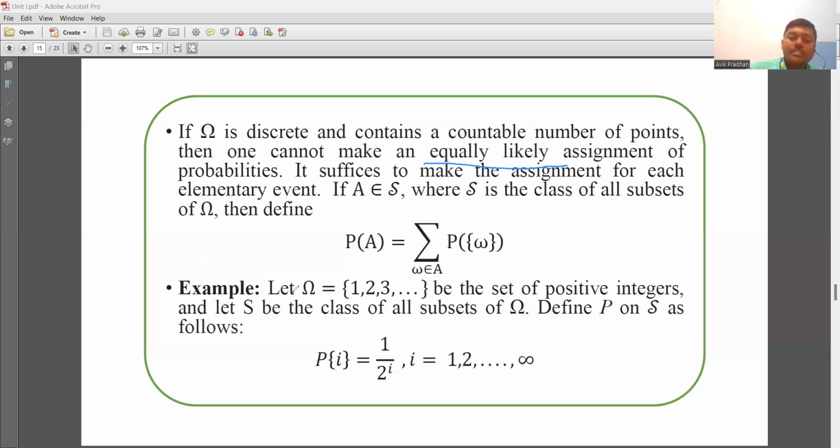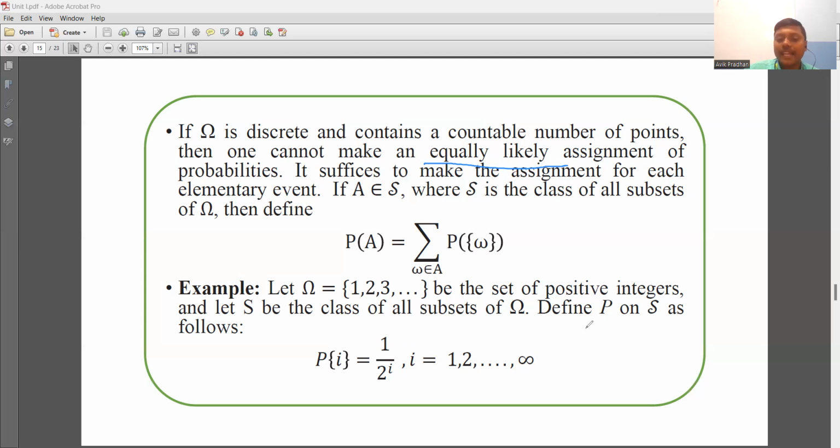Then I consider the sigma algebra to be the power set, which is the set of all possible subsets of omega. We can define the probability of an individual point as 1 by 2 to the power i, for i equal to 1 to infinity.